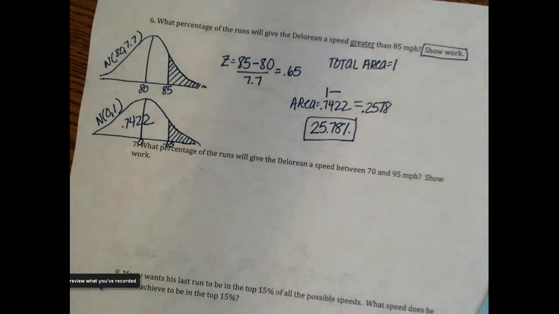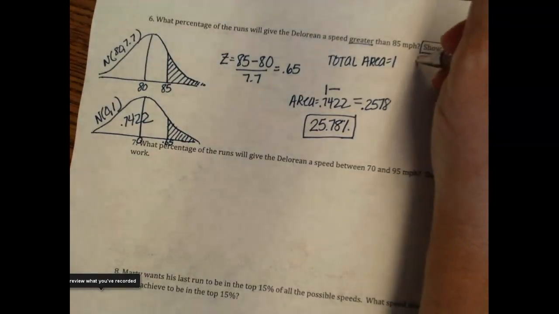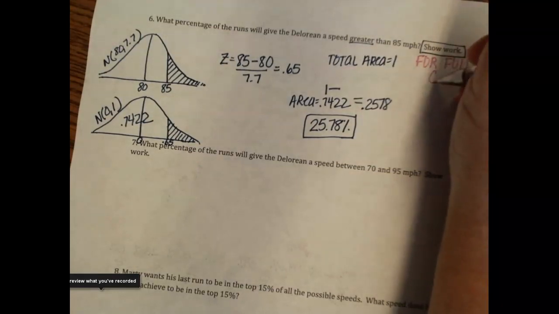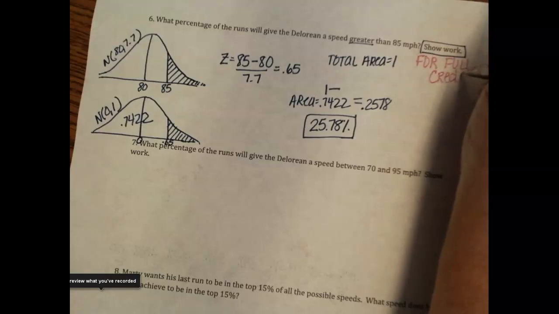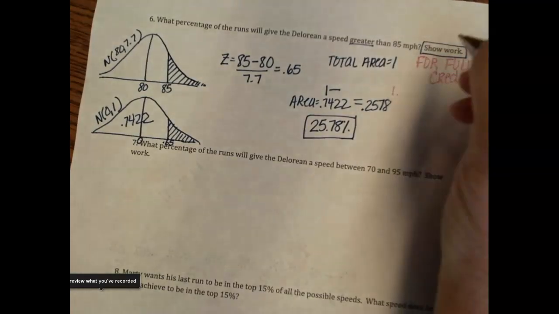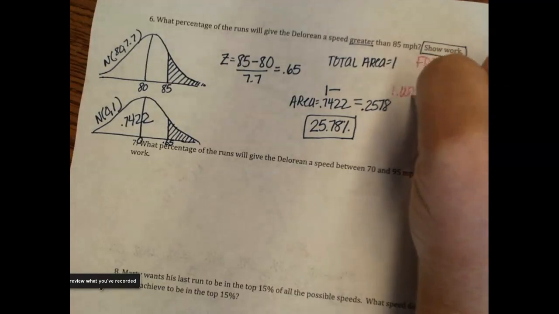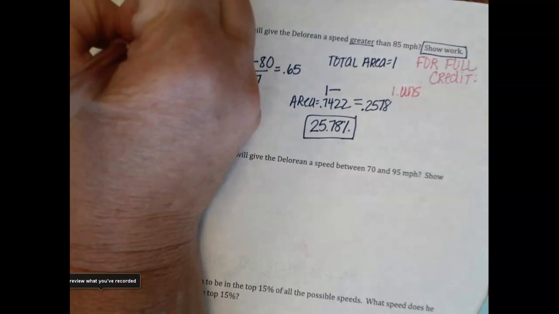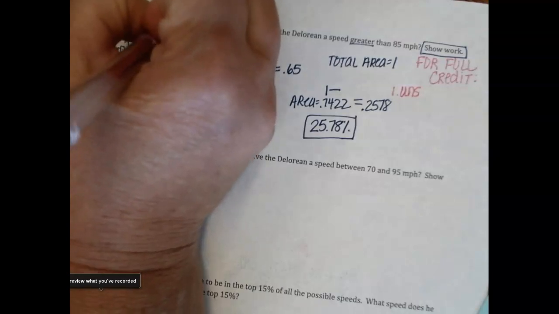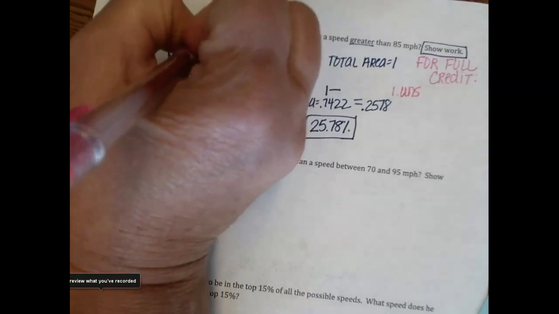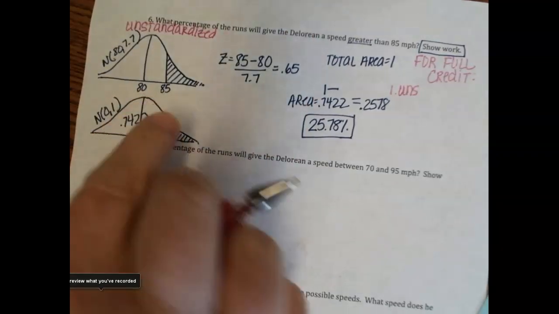Now, a couple things I want to say here for full credit, so you know what I'm looking for when I'm grading these. I want to make sure you have the unstandardized picture. This is unstandardized because it uses the mean as given.